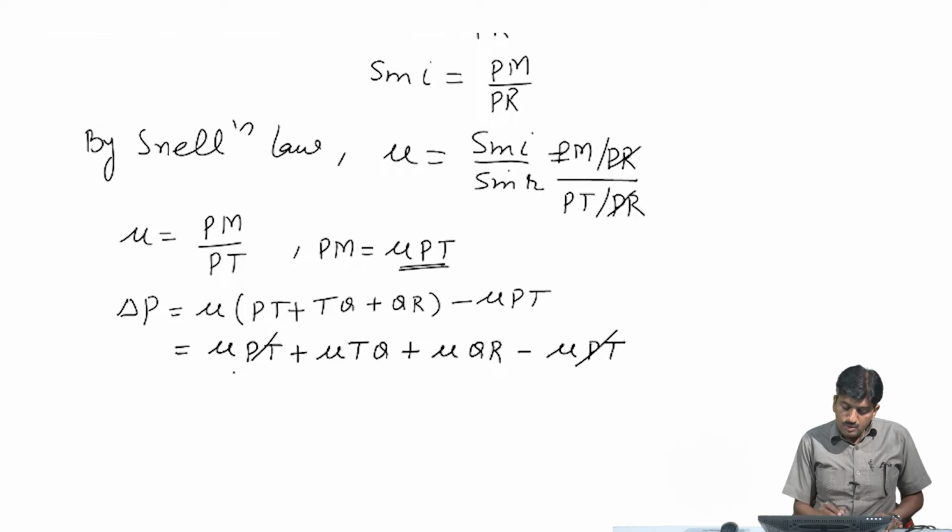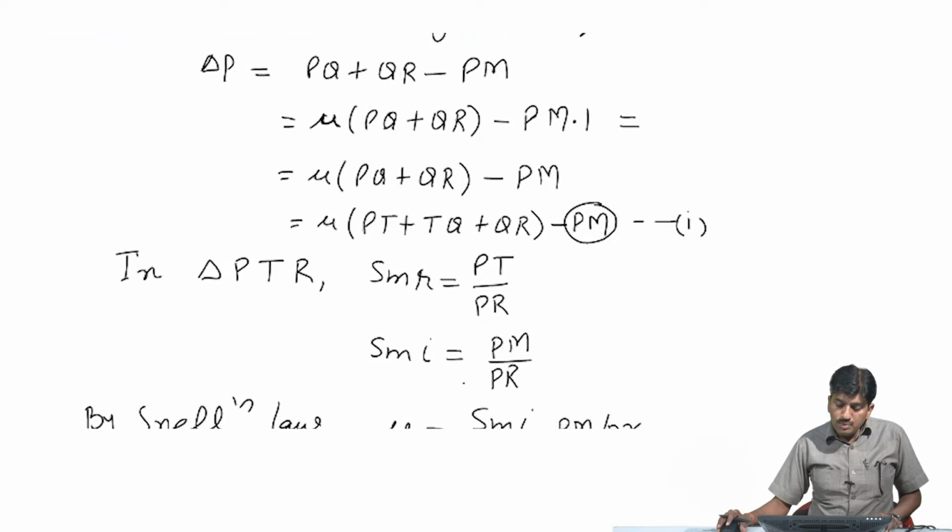Mu PT cancels out and it becomes mu into TQ plus QR.